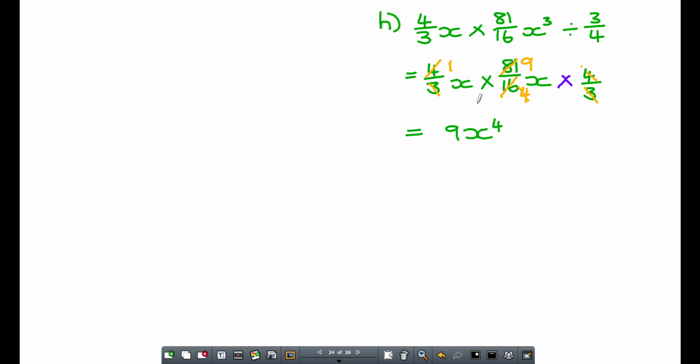At the bottom, 1 times 1 times 1, so 1. So the 9 over 1 stays 9. And then x times x to the power 3 becomes x to the power of 4. You guys good with that? Let me just fill in that to the power 3 because I left that out here. Any questions?